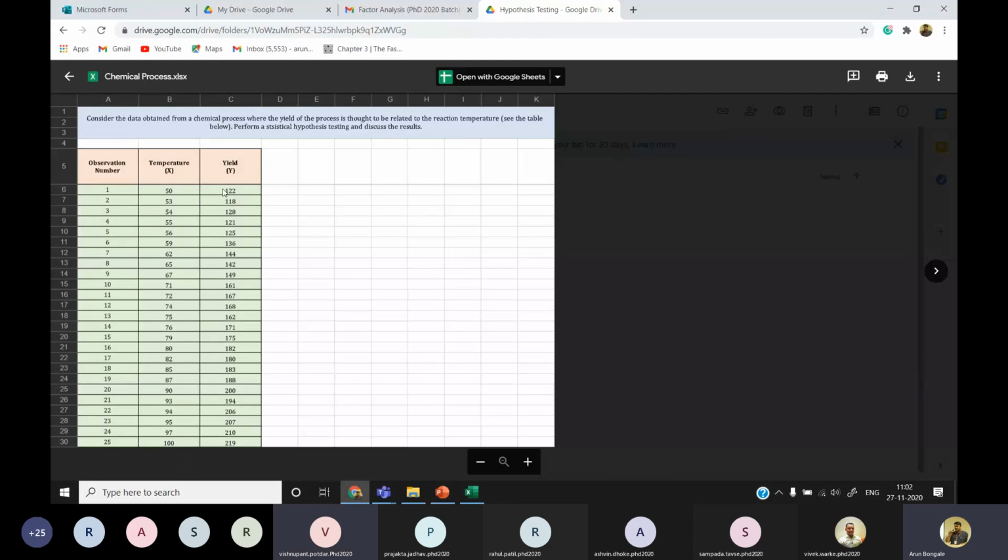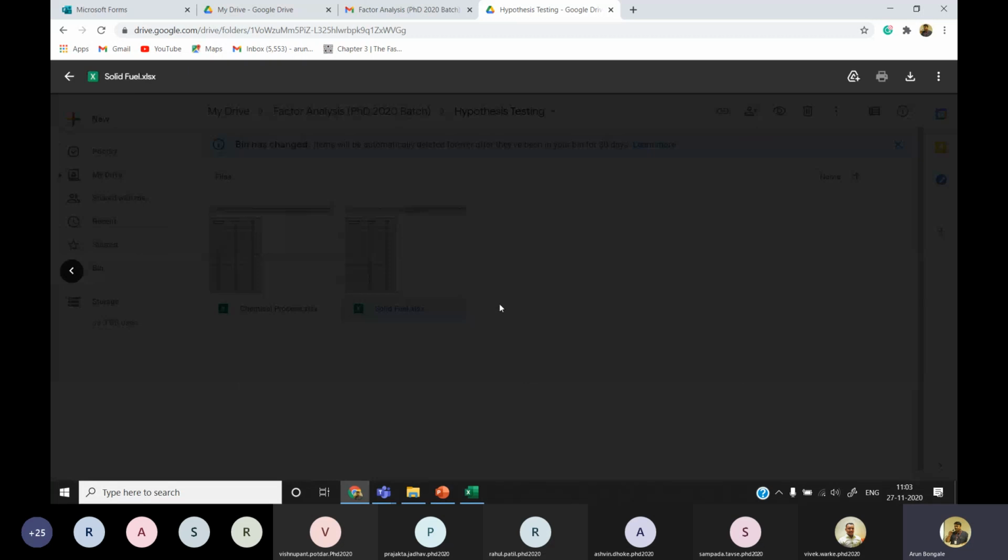You have to plot a graph of these values. You know how to plot a graph in Excel? Yes, sir. Then fit a linear relationship to the graph, find the equation, find the slope, and with hypothesis, framing the null hypothesis and alternative hypothesis, you need to give a decision whether the stated statement is true or false, right? Similarly, I have a solid fuel.